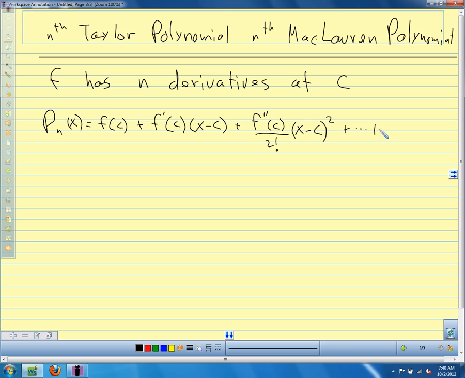And we go out in terms, or after we've taken n derivatives, I'll write it this way. So this is the nth Taylor polynomial for f at c.